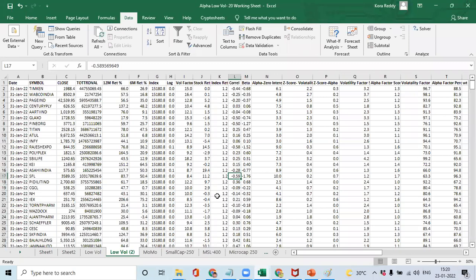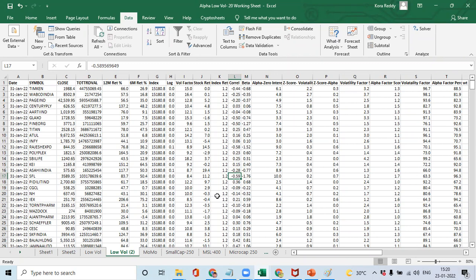Even Titan is a purely offensive stock. But it is what it is. If you are a fund manager doing a Nifty 500 alpha index, this is how you do it.